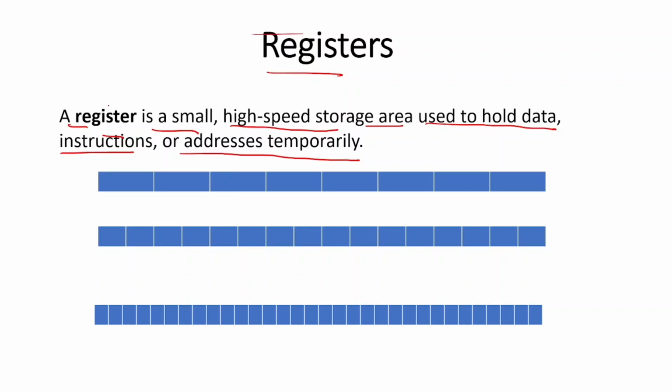Here remember, a register is nothing but a small high speed storage area. Someone can ask, we have memory already. Yes, RAM, DRAM and ROM, this kind of memories are there. If we already have memory, then what is the need of some other storage area?